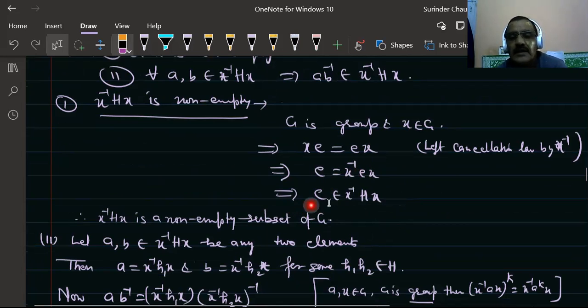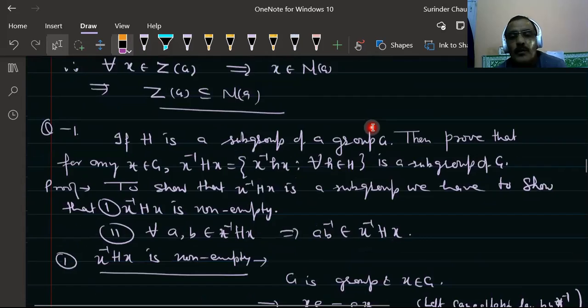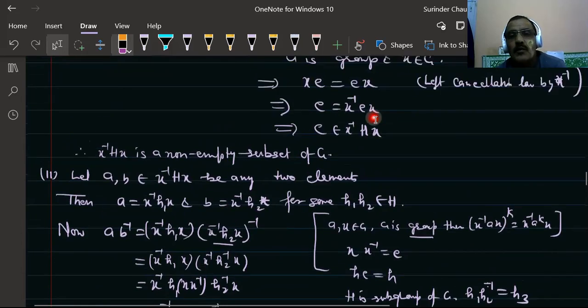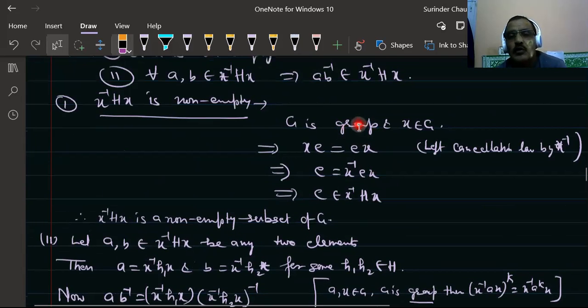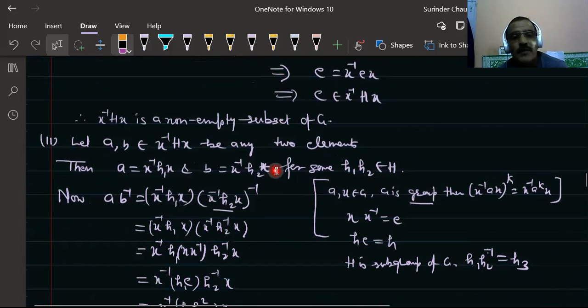This implies e belongs to H, since e is the identity element of the group and the subgroup has the same identity, so e belongs to x inverse Hx. It means x inverse Hx has at least one element, the identity element, which is common with the group, so it is non-empty.